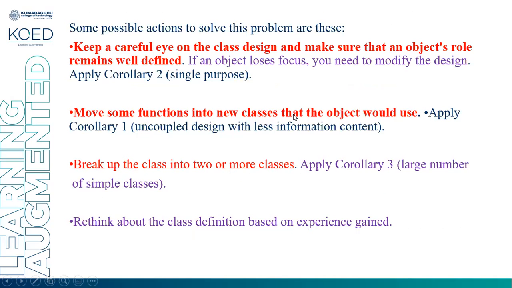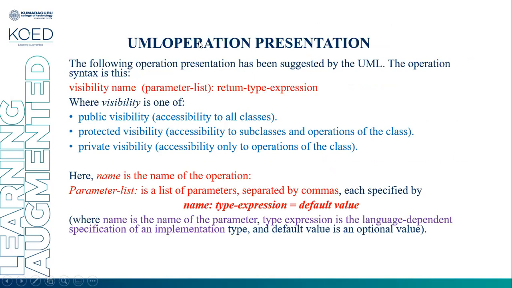Move some functions into new classes that the object would use. Apply Corollary 1: uncouple the design with less information content. Break up the class into 2 or more classes. Apply Corollary 3: a large number of simple classes. Then rethink the class definition based on the experience gained.